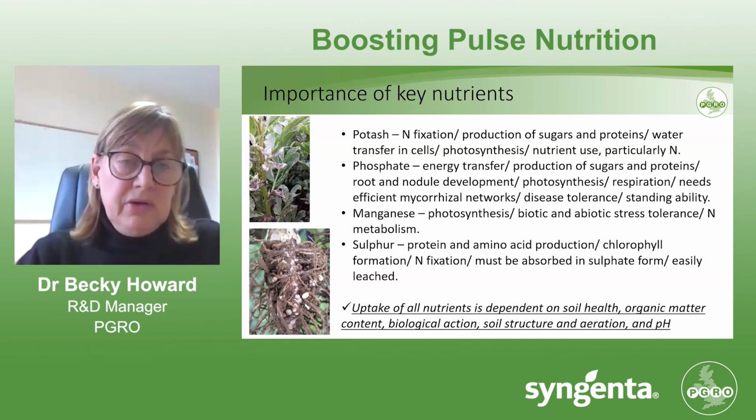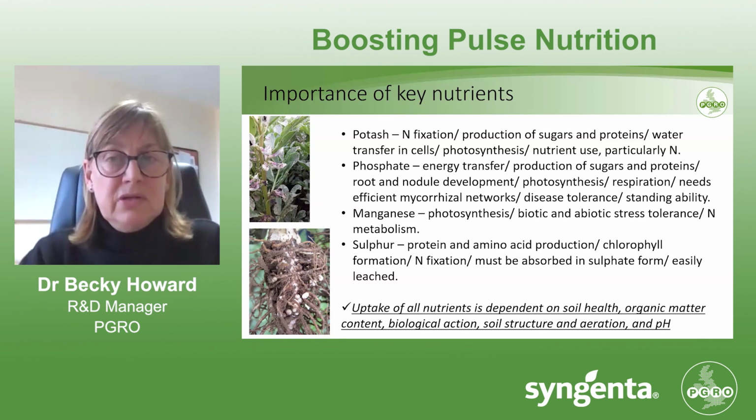Of course, there are other nutrients that are important, but these are the ones I'll focus on today. When we look at uptake, we know that it's very dependent on soil health, particularly organic matter content, biological activity, soil structure and aeration, and specifically pH as well.